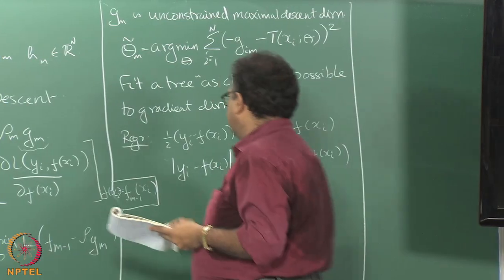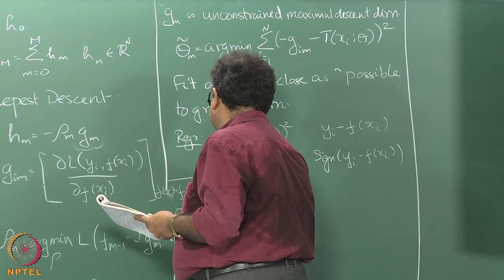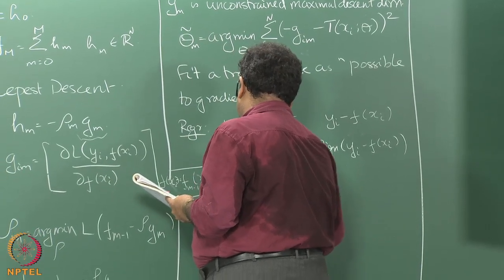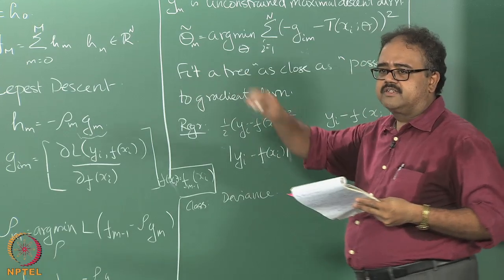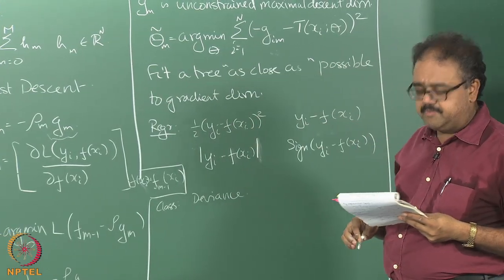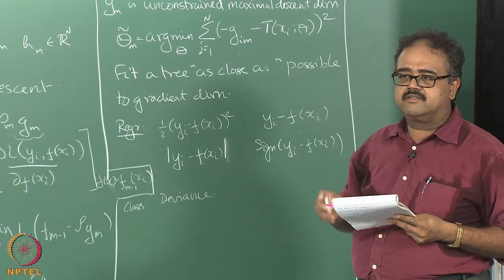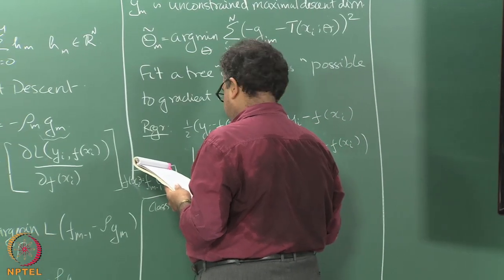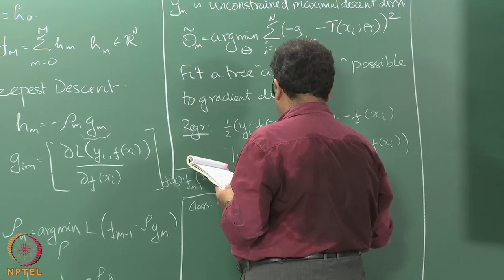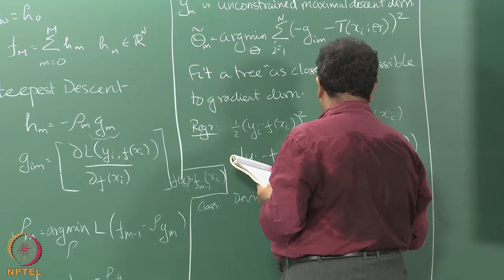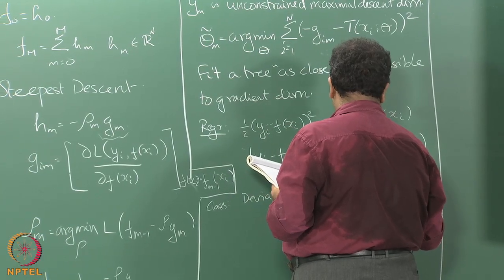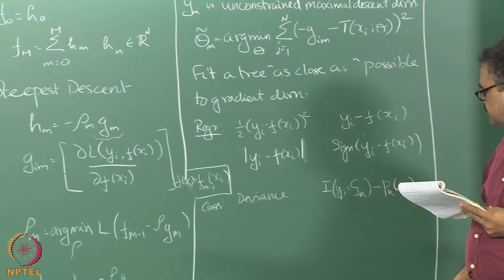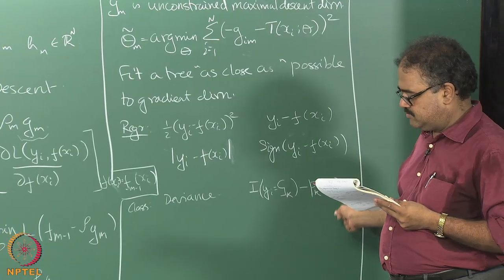Right, and suppose you are doing classification, let us take deviance as the loss function, right. People remember deviance, we looked at deviance multiple times, right, and it turns out that, so what is this?